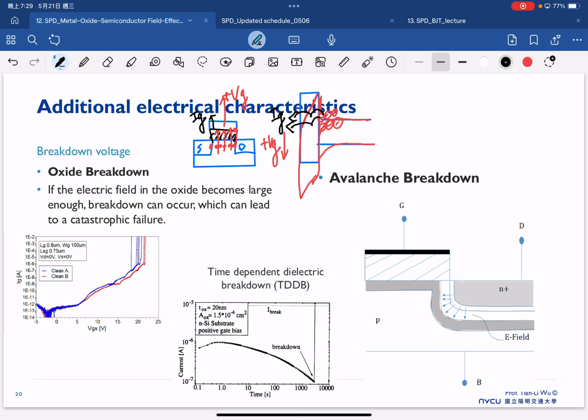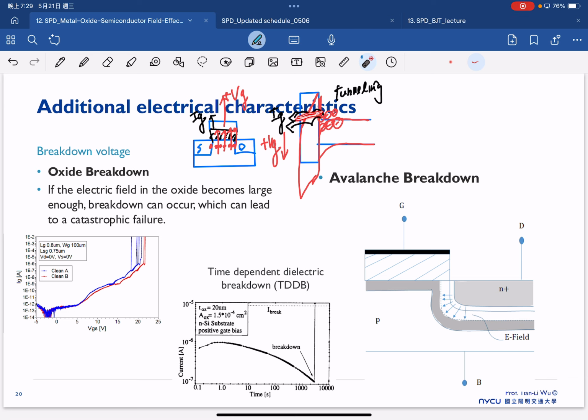One of the reasons that the electron can jump from here to here, in quantum mechanics, we call the tunneling effect. The tunneling effect is highly related to the barrier here, but also related to the thickness.